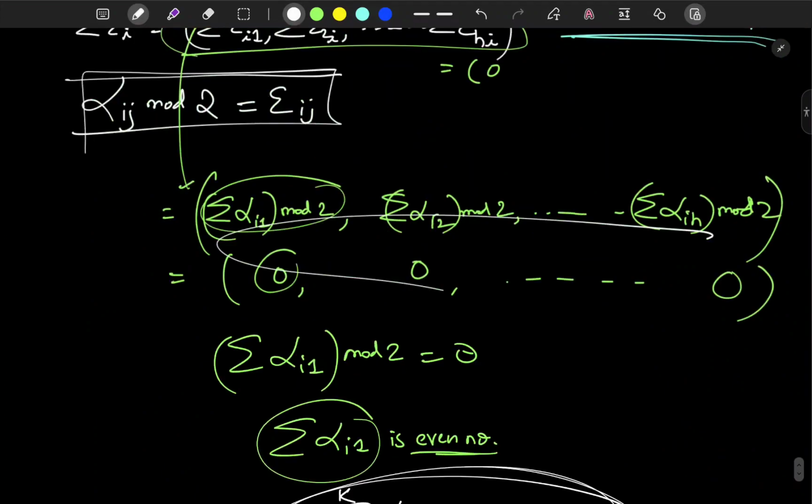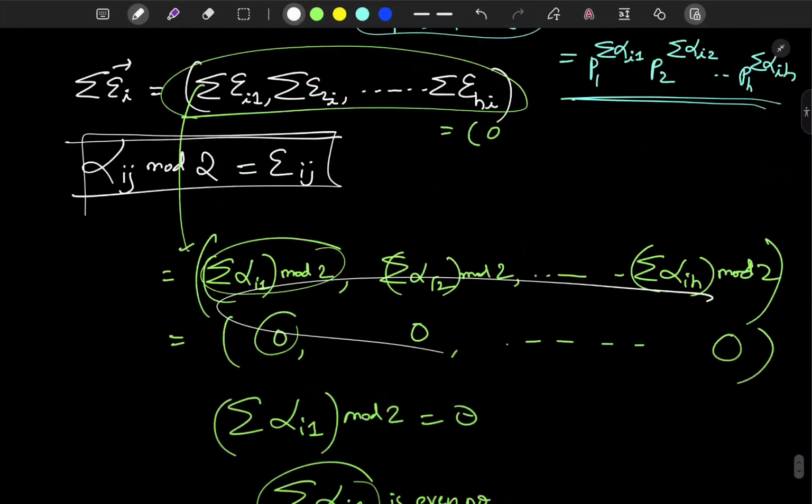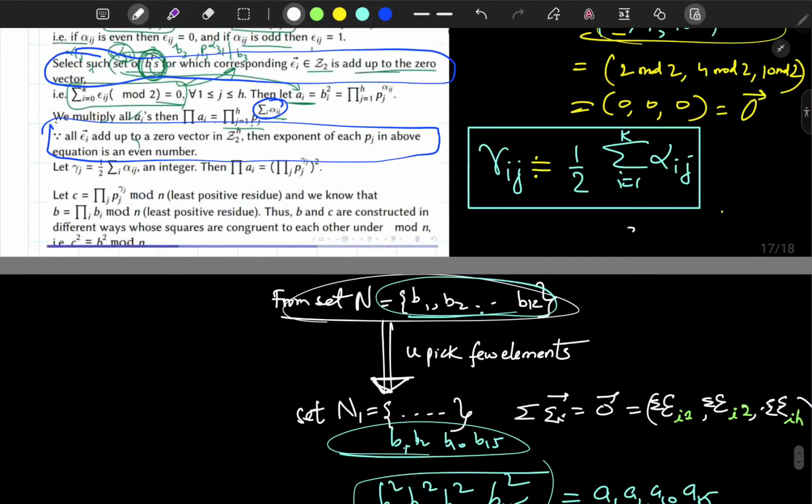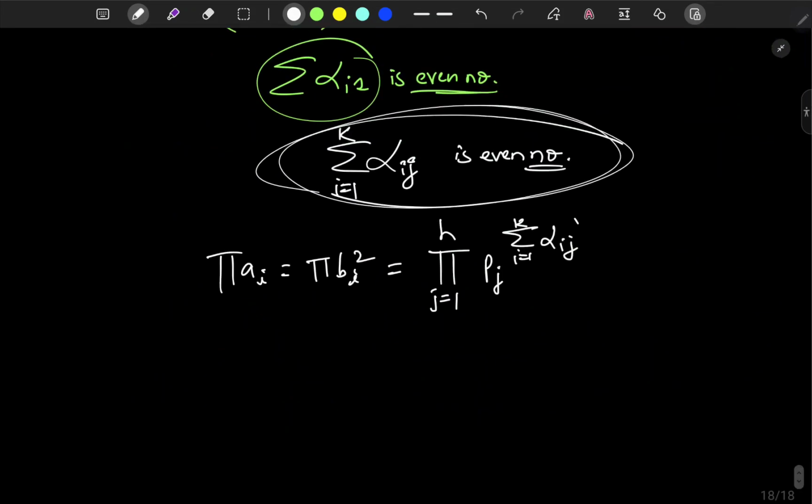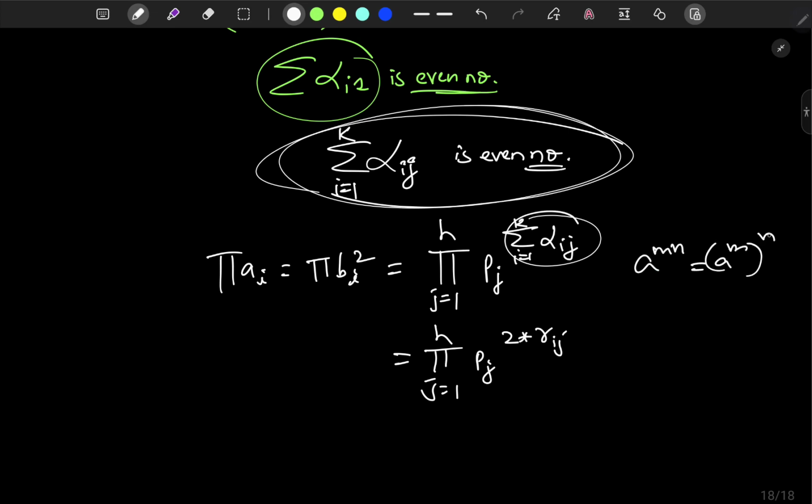Now according to the definition, just keep this value, sigma alpha j is nothing but 2 into sigma ij. So replacing this value, what will you get? Two into, you know, a power mn equals a power n, so can I write like this?